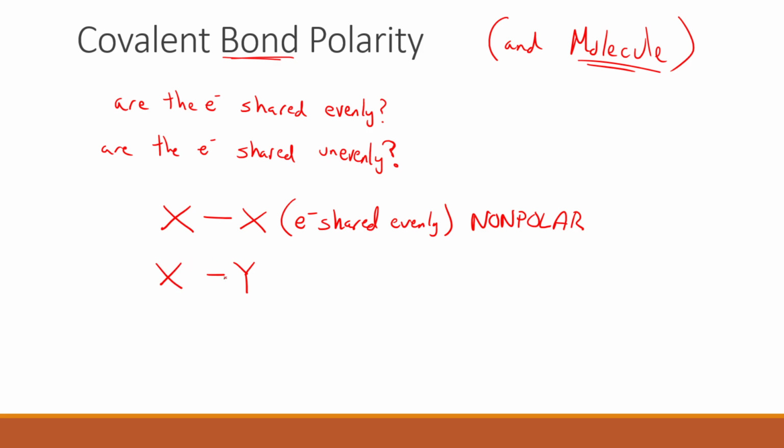For X bonded to Y, the electrons are shared unevenly. Because one of these two things is stronger than the other. It doesn't have to be much stronger, right?